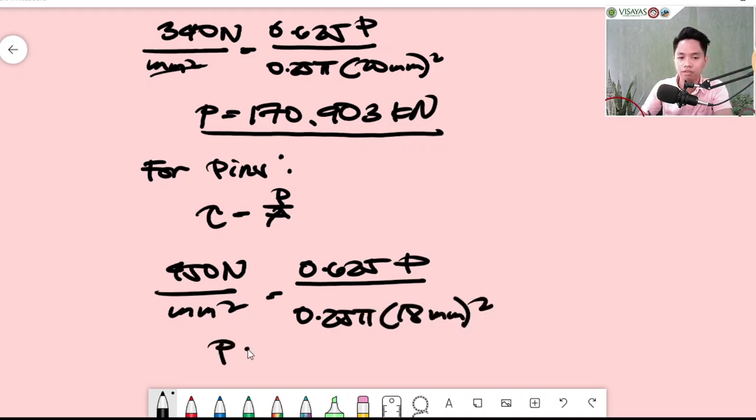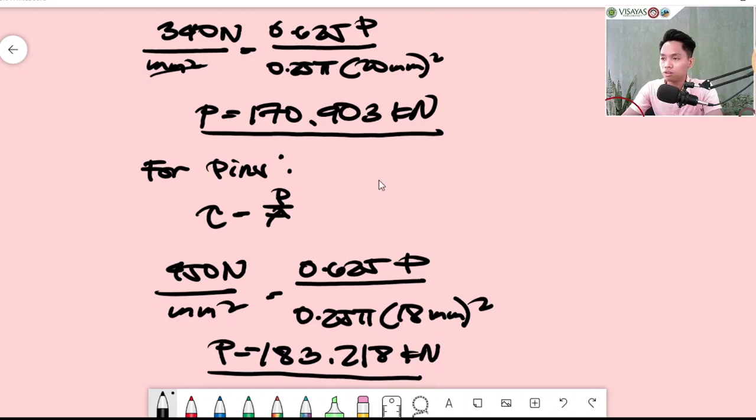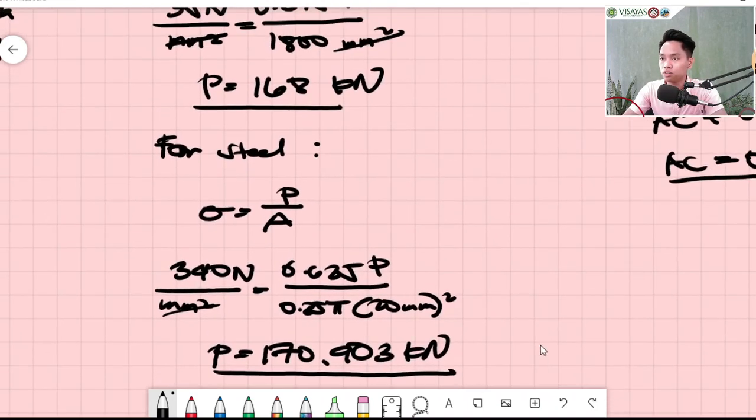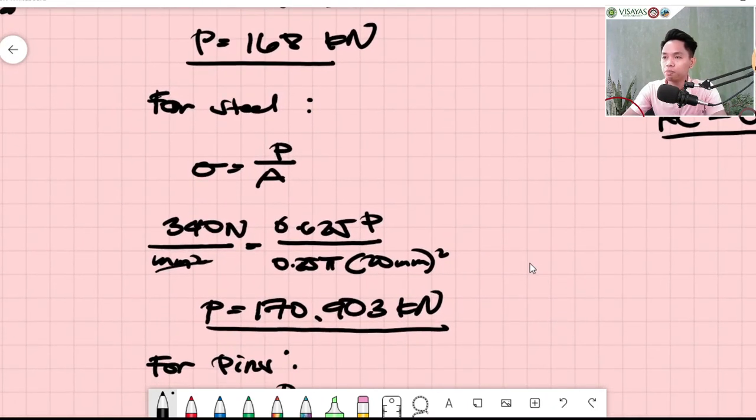Therefore, the value of P is 450 times 0.25 pi times 18 squared divided by 0.625 divided by 1,000 for kilonewton. This would be 183.218 kilonewton.